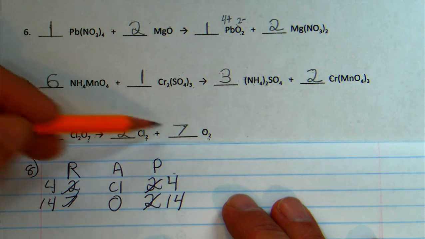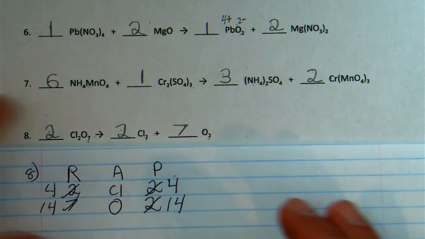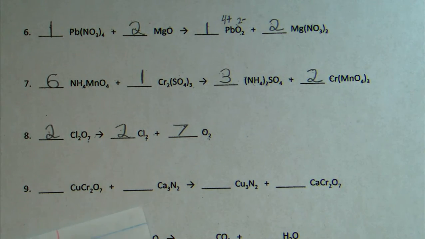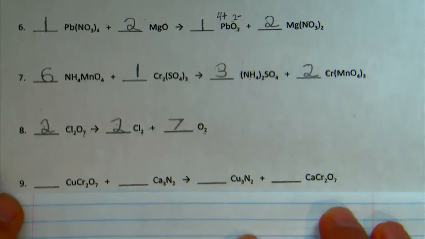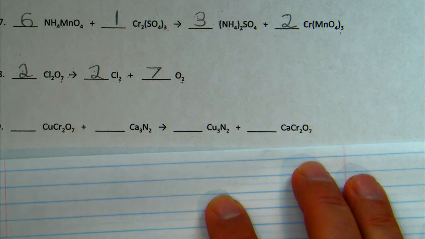We just take it for granted that chlorine and oxygen are going to be in the gaseous state at standard temperature and pressure, which is where we do chemical reactions, unless we specify otherwise. All right, beat me. Do number 9 before I do.